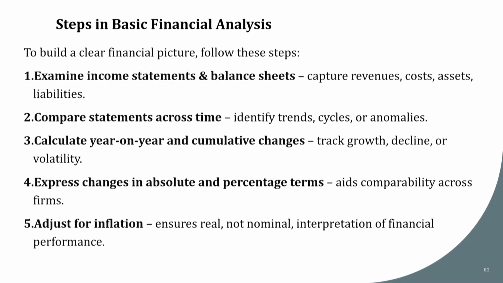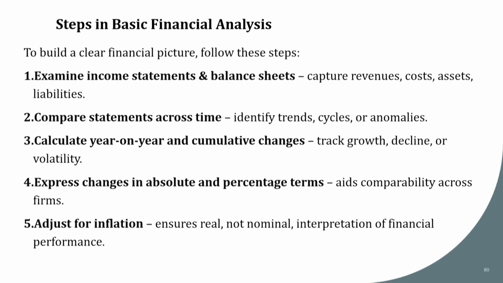One is to examine historical income statements and balance sheets. Second is to compare them over time to spot trends. The third is to calculate year to year changes in key categories.